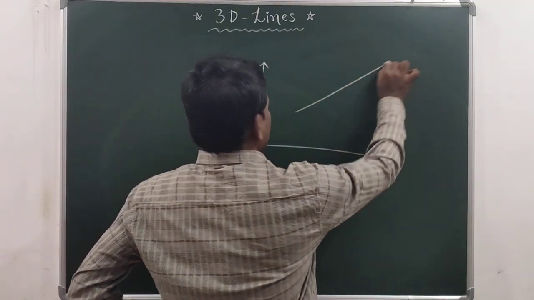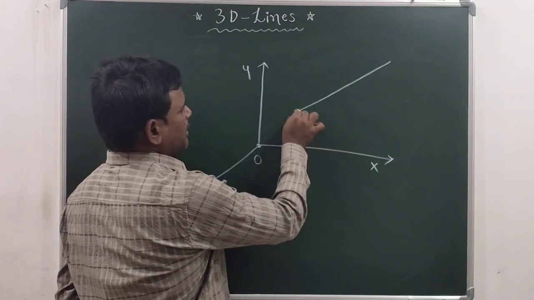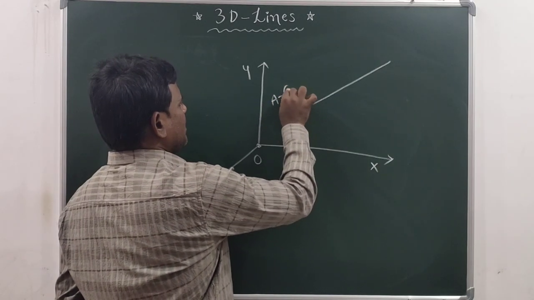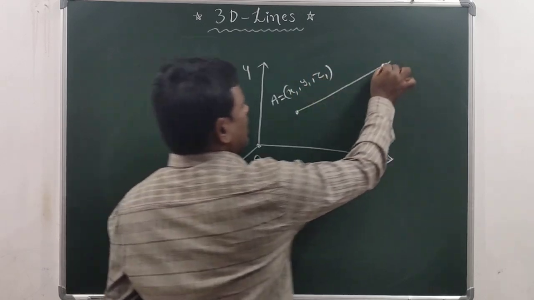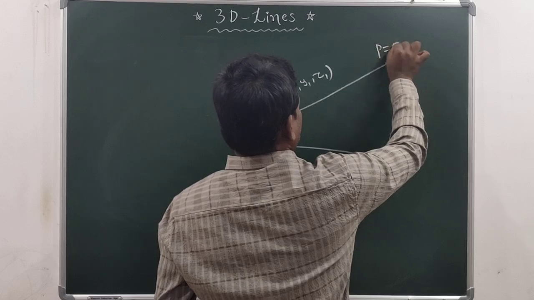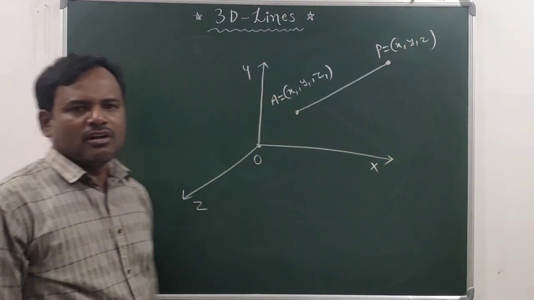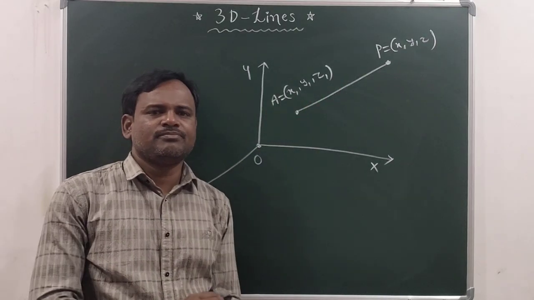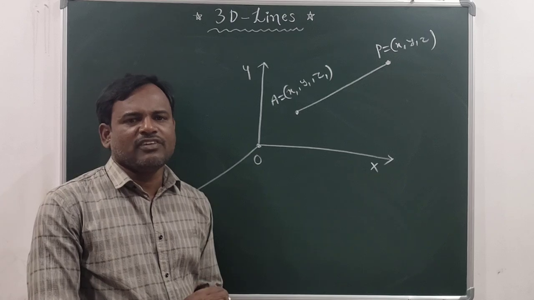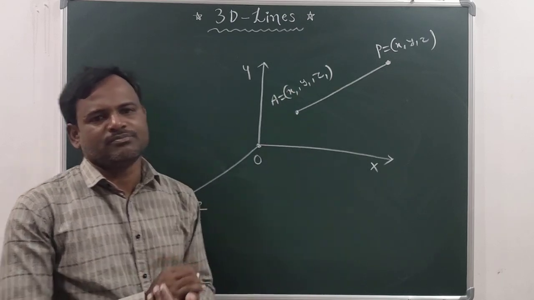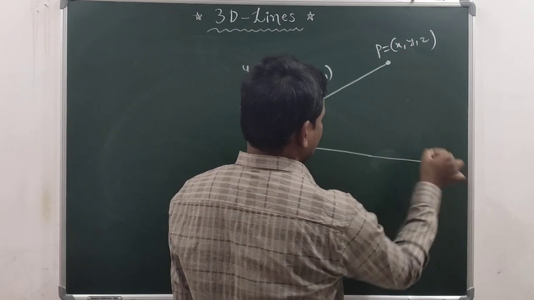Take a 3D line like this, with one of its points given as x1 comma y1 comma z1, and let us take a locus point P, x comma y comma z. Now I want this line equation in symmetric form. That is, the equation of a line passing through x1, y1, z1. Observe me students, how I am going to write this.